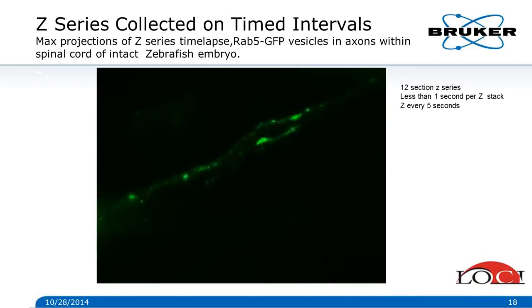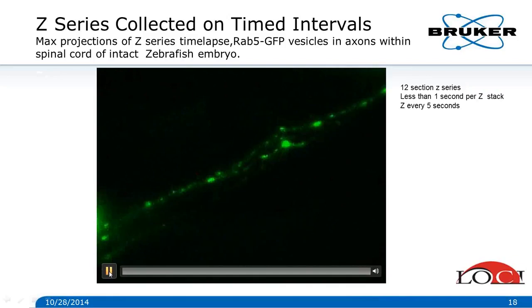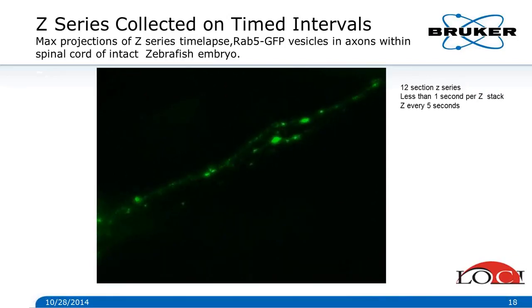spinal cord here. This is data collected almost 2 years ago. In fact, it was one of the first experiments I saw run on the Upterra a couple of years ago at LOCI at the University of Wisconsin. And this was a particularly interesting experiment because the investigators that came by had been trying to do this on a standard point scanning system, and the time required to collect one Z-series was just too long.